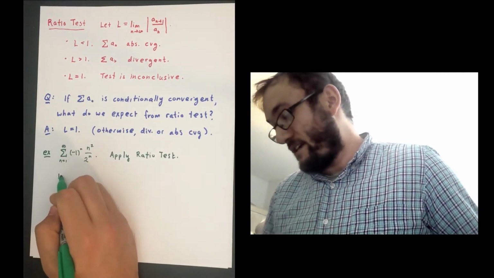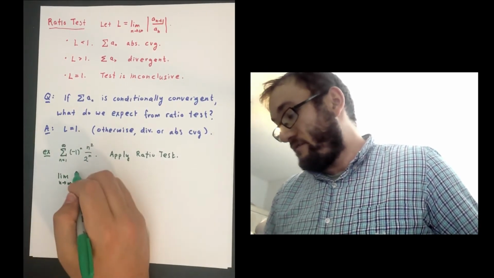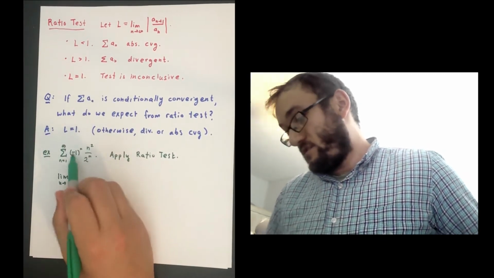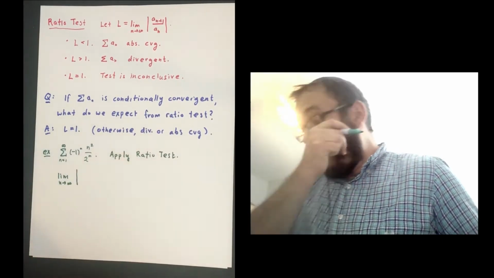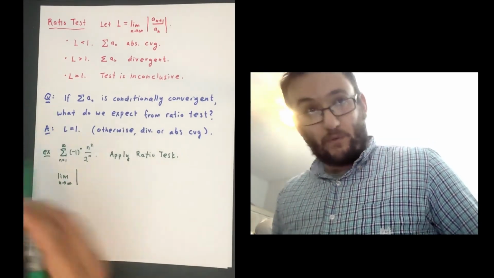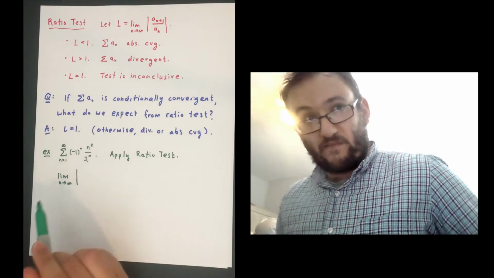Ratio test says if I take the limit as n goes to infinity of the absolute value of this term for n plus 1 divided by the same term for n, I'm going to ignore the sign because it'll end up getting thrown out because of the absolute value.